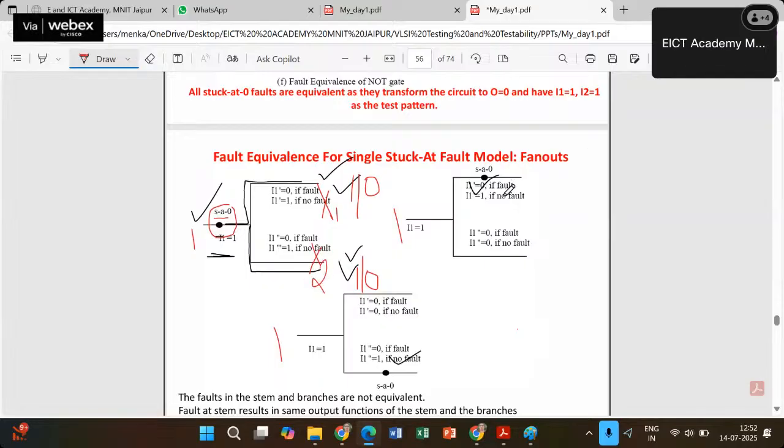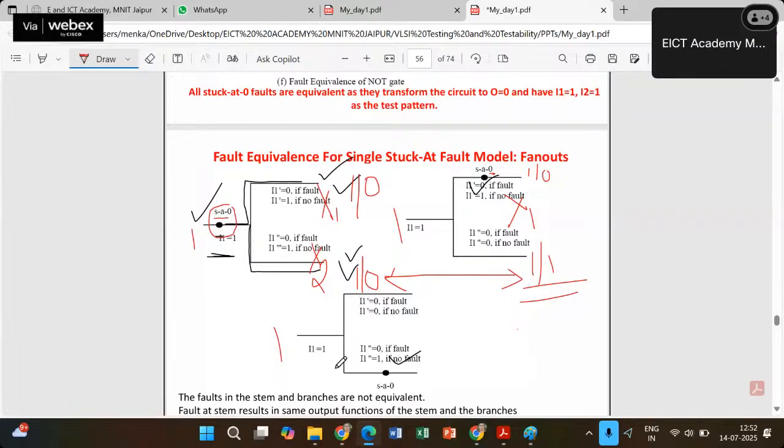So for x1, look at this, the true value is 1 and the faulty value is 0. But over here, the true value is also 1 and the faulty value is also 1. That means there is no fault. So these outputs are not the same. Inputs are the same, but if I put the fault at another branch, the outputs are not the same.